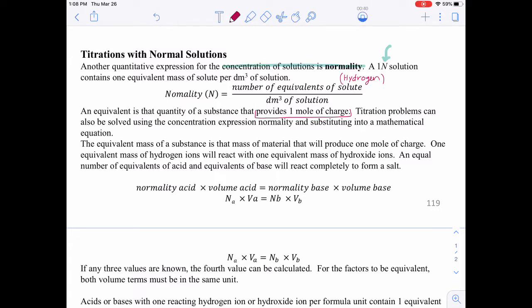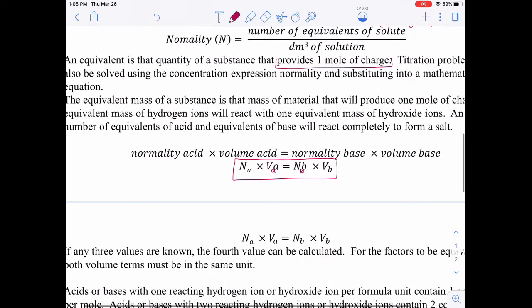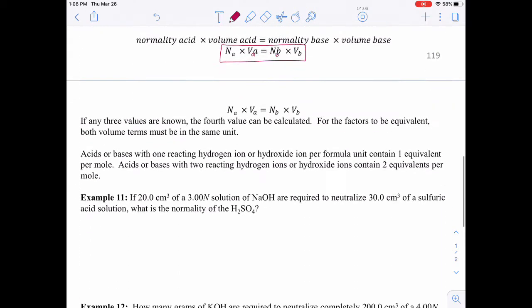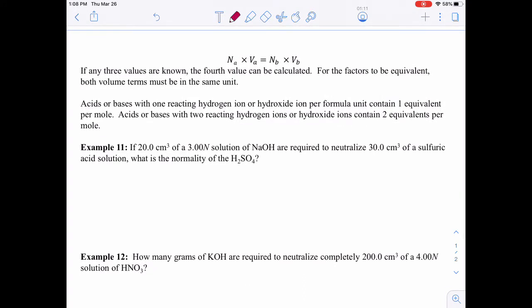Titration problems can be solved using normality with this equation down here, and it is very simple to do. I forgot to make these little subscripts, but normality of acid times the volume of acid equals the normality of base times the volume of base, which is the same equation at the top of the next page.